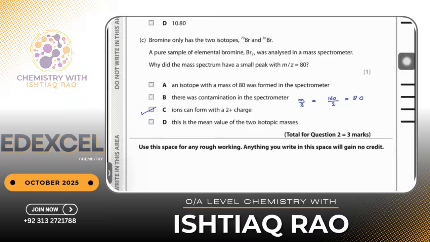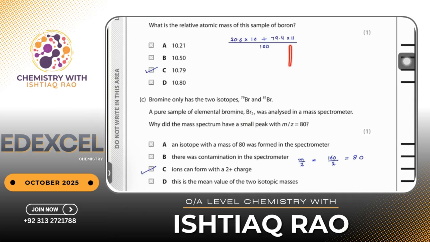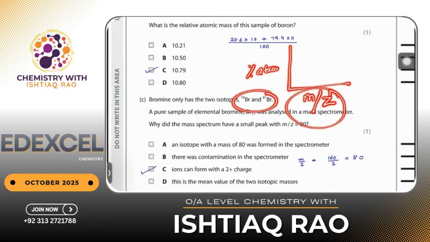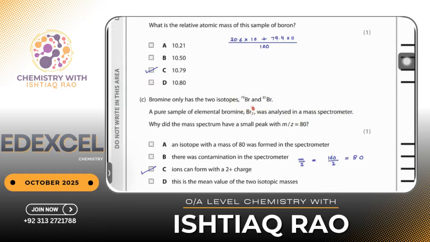Ions can form with a 2 plus charge. Yeah, it is not a common thing that bromine is going to have a plus 2 charge; bromine forms plus 1. And if it would be forming plus 2, because if you can see the mass spectrum, we see mass to charge ratio versus the percent abundance, right? Mass to charge ratio means what? Let's suppose the sum of these two, like I'm talking about this bromine molecule, what's the mass of this one? What's the mass of this one? Of course, 160.